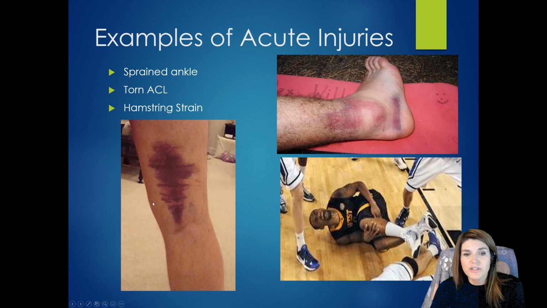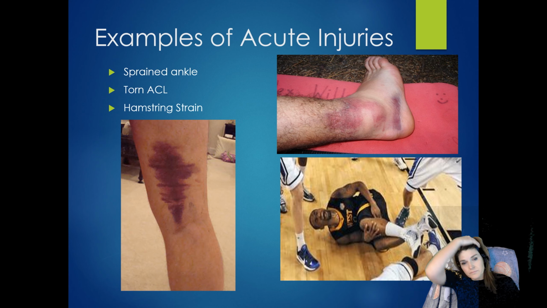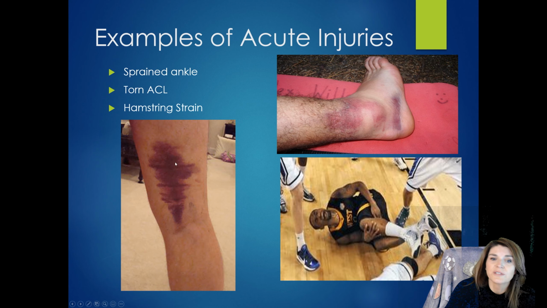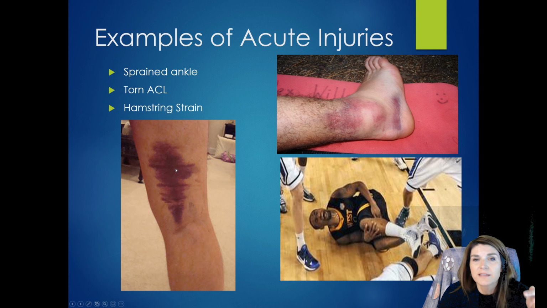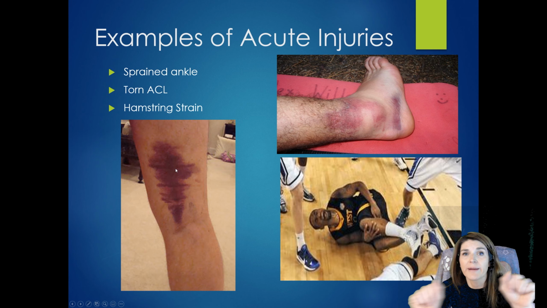This is a hamstring strain. So we're seeing the bruising after the fact. It's not like it would immediately bruise, which I'm sure you guys are smart enough to know that. With this bruising, what happened is probably they started cold, because remember the rubber band analogy. If it's warm, the rubber band will stretch.